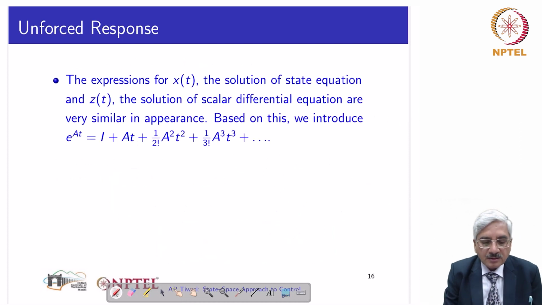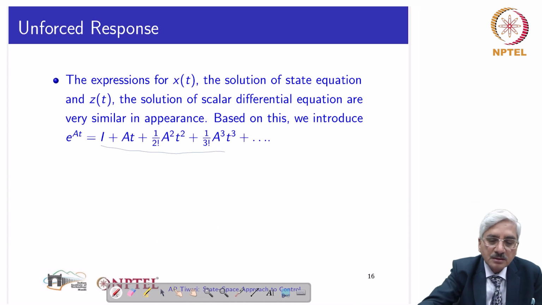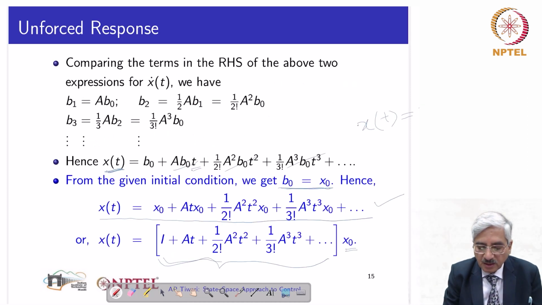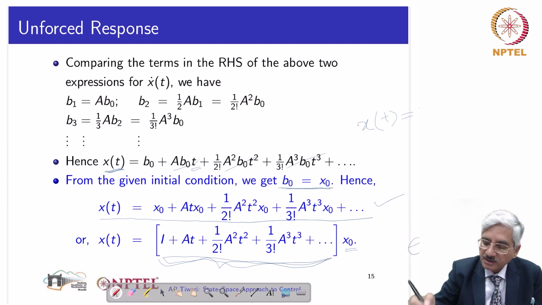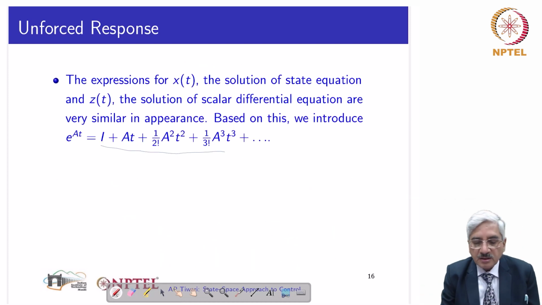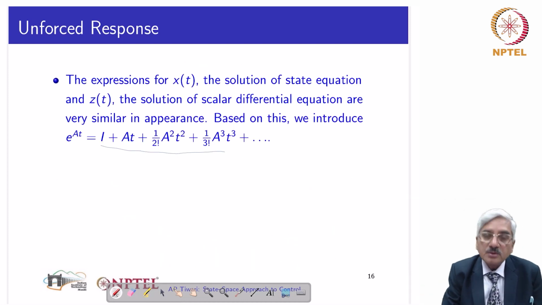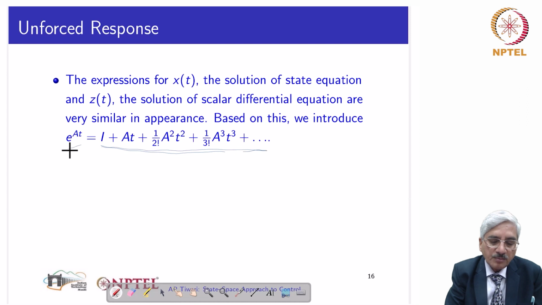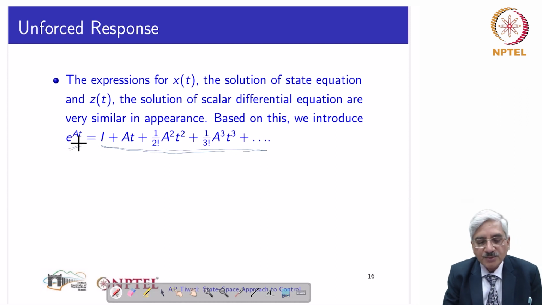We see that these things are similar. This is very similar to the exponential e power at, in which small a was a scalar. So it gives us a ground to show this infinite series as e power capital A into t.